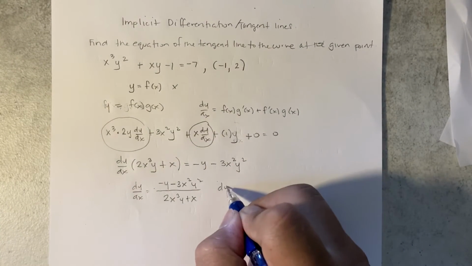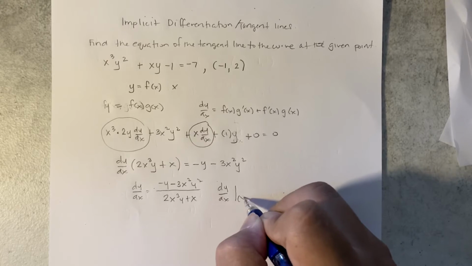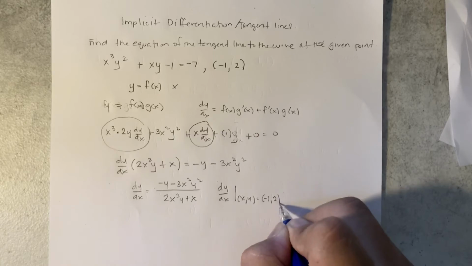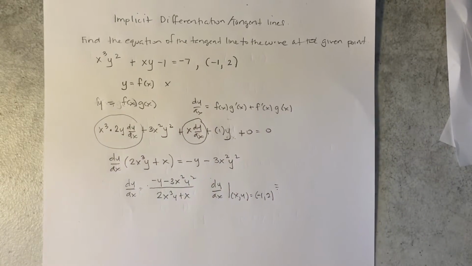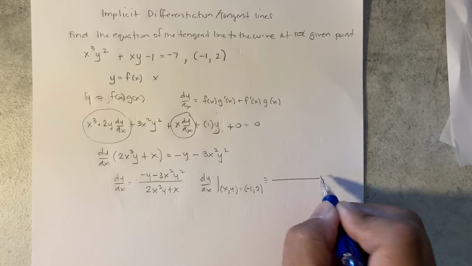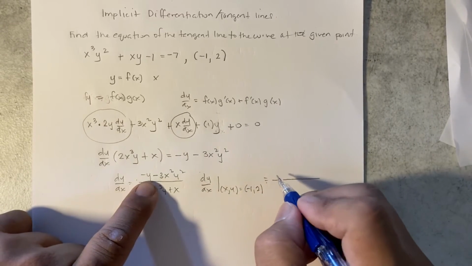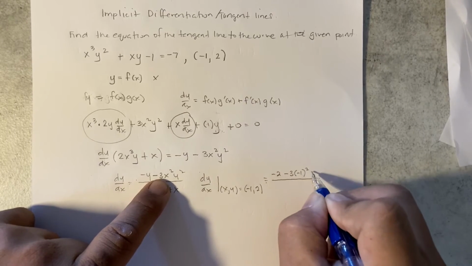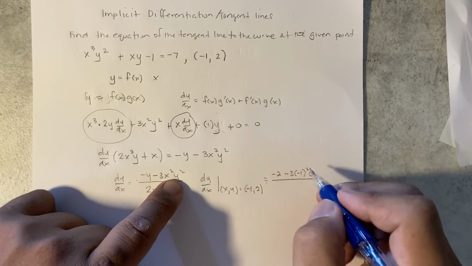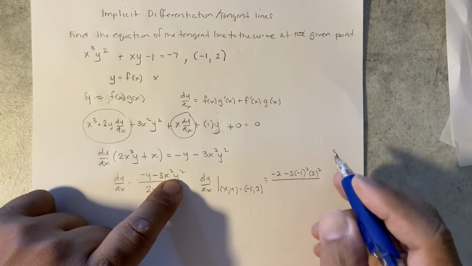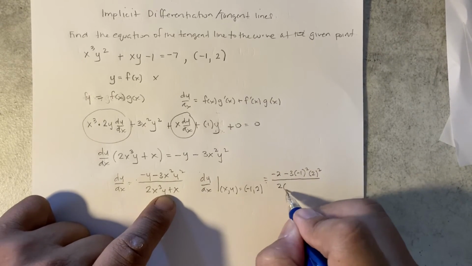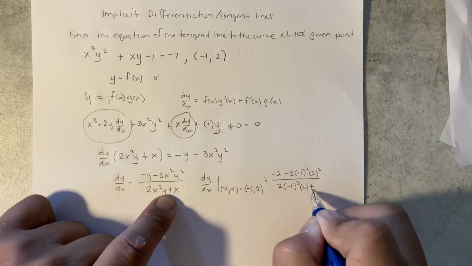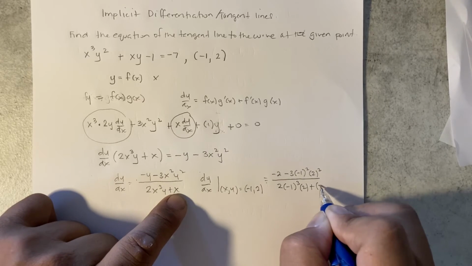And use the correct notation here, dy dx. And the point is negative 1 comma 2, and we're going to substitute into the derivative here. So y is 2, so negative 2 minus 3 times negative 1 squared, y squared is 2 squared, okay, over 2 times negative 1 cubed, y is 2, plus x is negative 1.